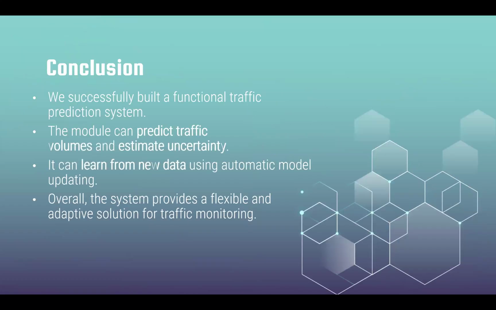The conclusion of our project was that we were successfully able to build a functional traffic prediction system. The module can predict traffic volumes and estimate uncertainties. We were also able to create 3 models to show different RMSEs, which included linear regression, polynomial, and multivariable polynomial models.